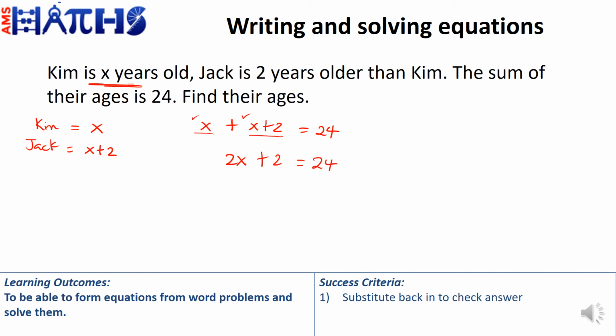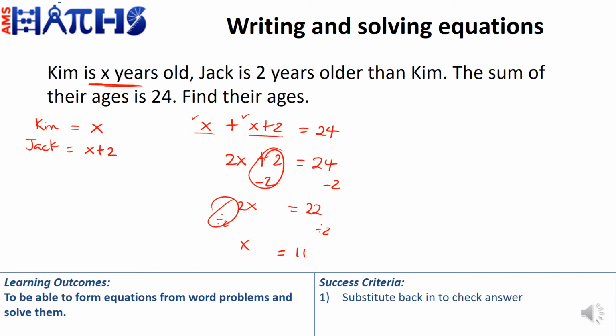Then we can solve. So we'll subtract 2 on both sides. So 2 minus 2, 0, leaves us with 2x, and 24 minus 2 is 22. Then we can divide both sides by 2. 2 divided by 2 is 1, so we're left with x, and then 22 divided by 2 is 11.